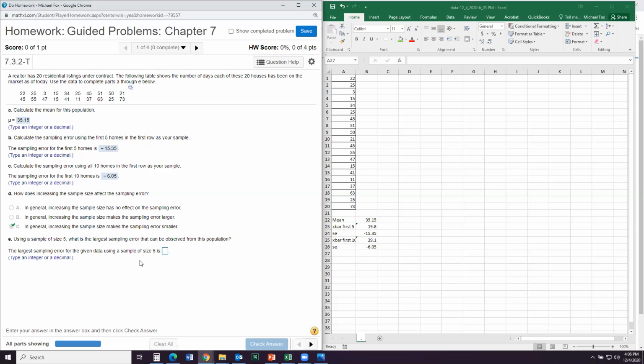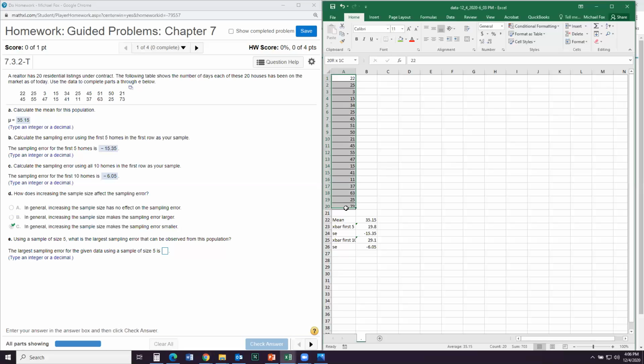All right, so using a sample size of 5, what is the largest sampling error that can be observed from this population? Remember, sampling error has to do with our distance away from the mean. And so it's either going to be the smallest 5 numbers or the largest 5 numbers that give us the greatest sampling error.